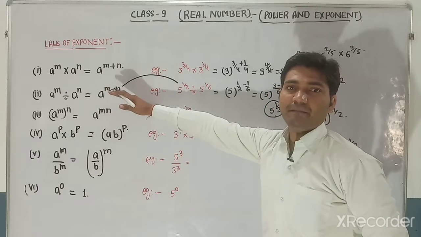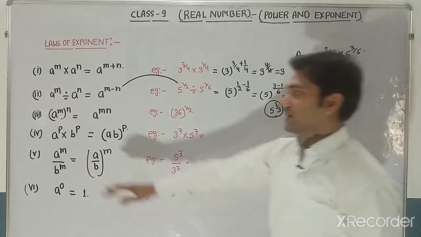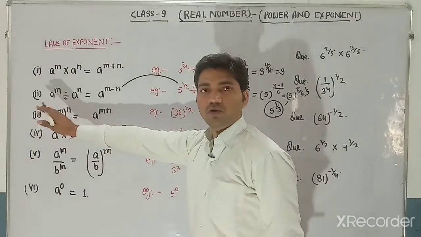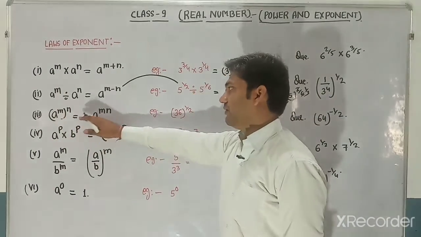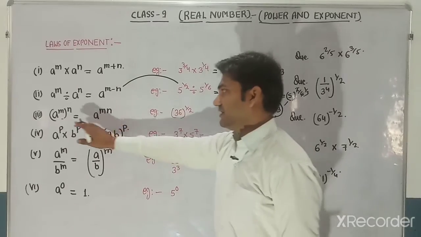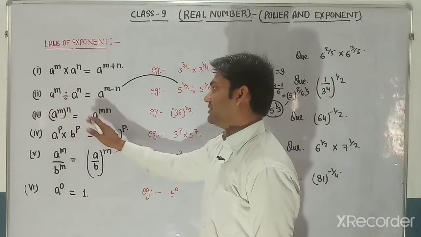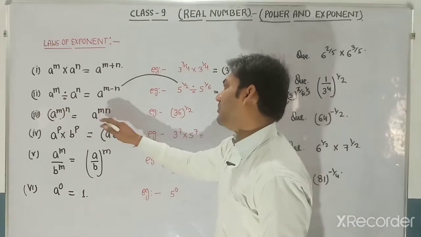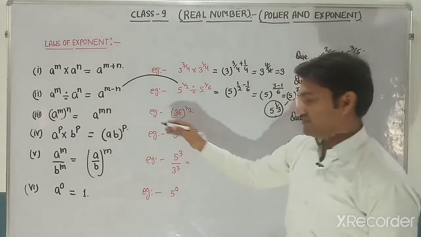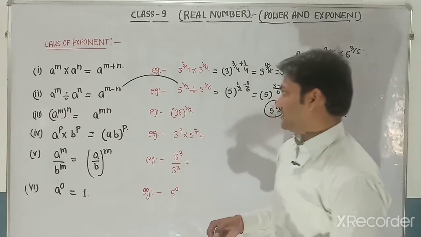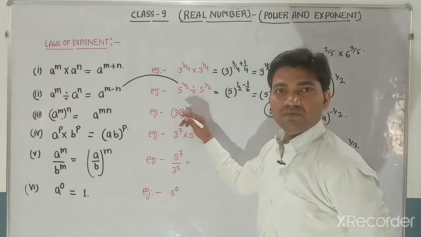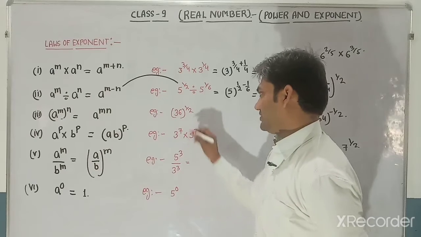Next law: a power m whole power n is equal to a power m n. It means that when there is a whole power over a power, we directly multiply the powers m into n. An example is given: 36 whole power 1 by 2. How do we simplify this question?